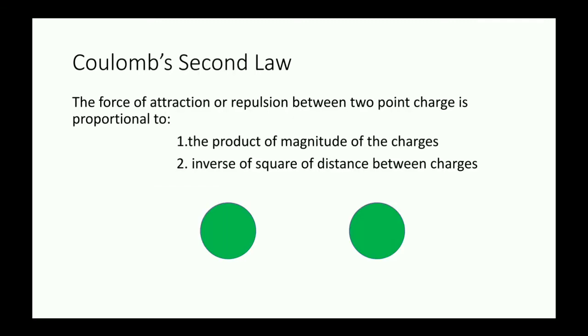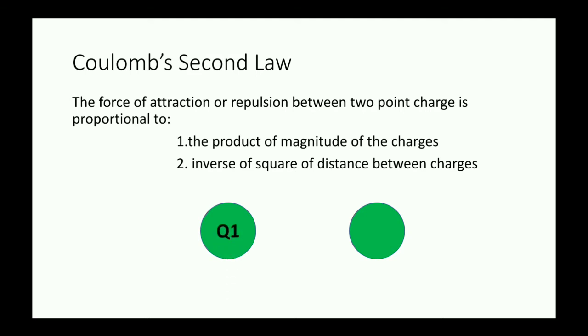Now let's talk about Coulomb's second law. Coulomb's second law basically gives us the idea about the magnitude of the force that will be acting between charges. It states that the magnitude of the force acting between two charges is proportional to the product of the magnitude of the charges.